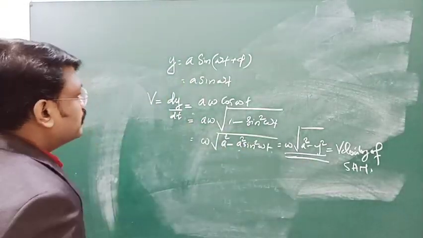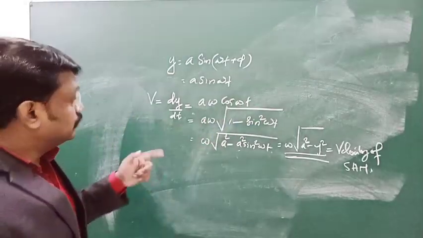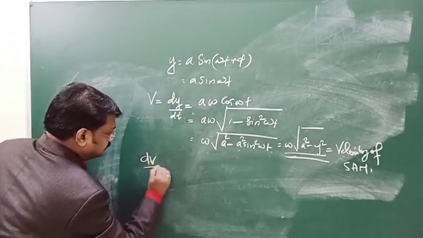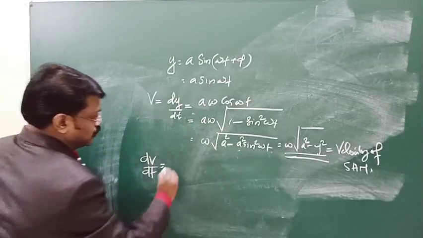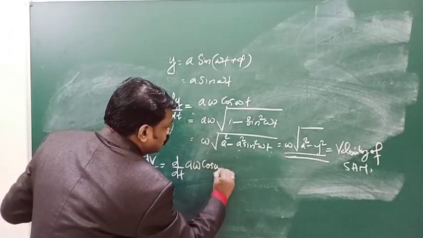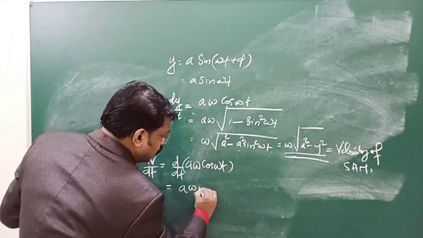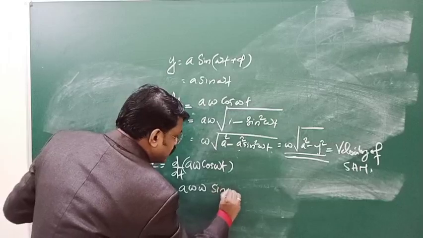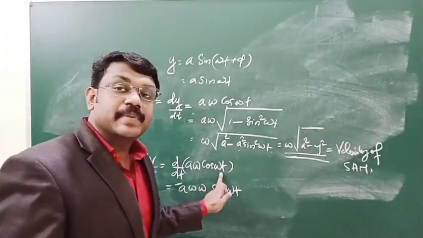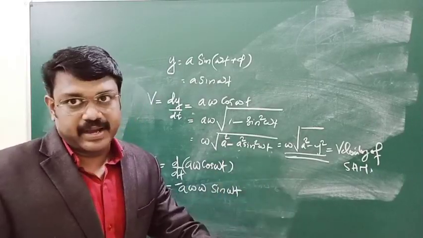Now, if you take the derivative of velocity, what will you get? You will get the acceleration. So dv by dt is equal to d by dt of a omega cos omega t. That will become a into omega into sin omega t with a negative sign, because the derivative of cos omega t is minus omega sin omega t.